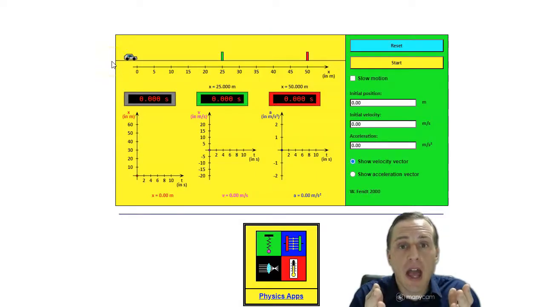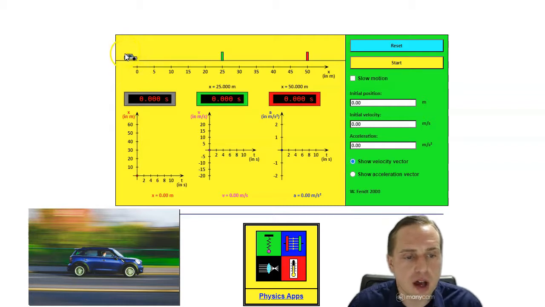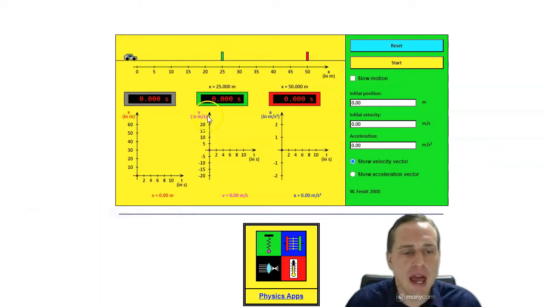So now what I have shown here is a car on a horizontal x-axis, and this axis will show us the position of the car, and we'll measure it as a function of time. Notice that the position, that is x, will be plotted as a function of time simultaneously.